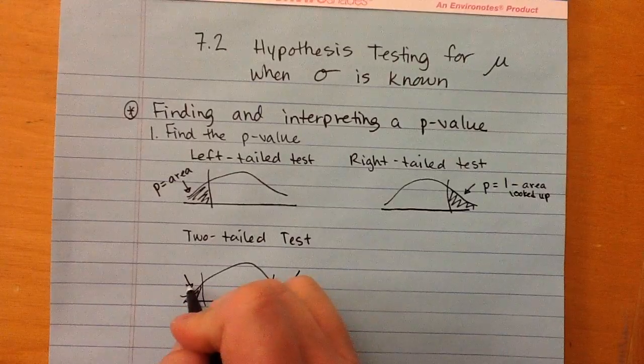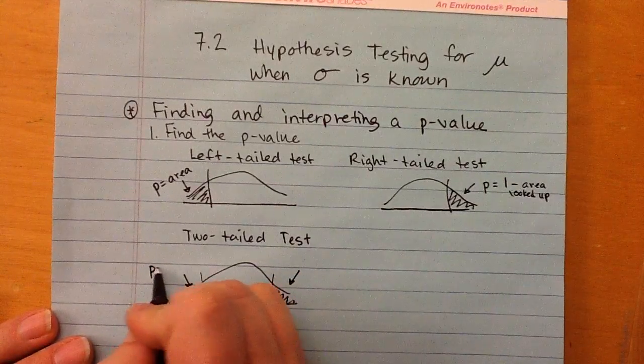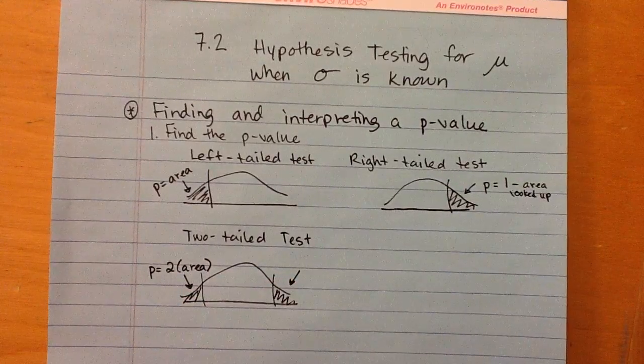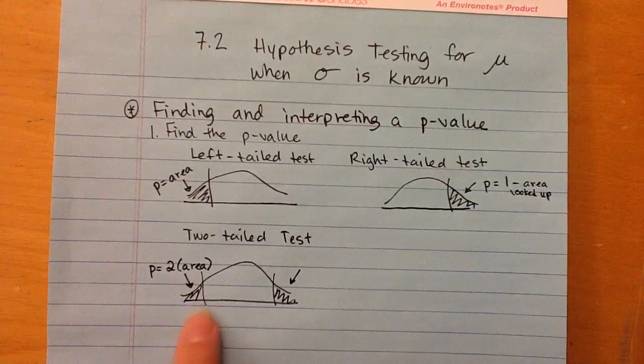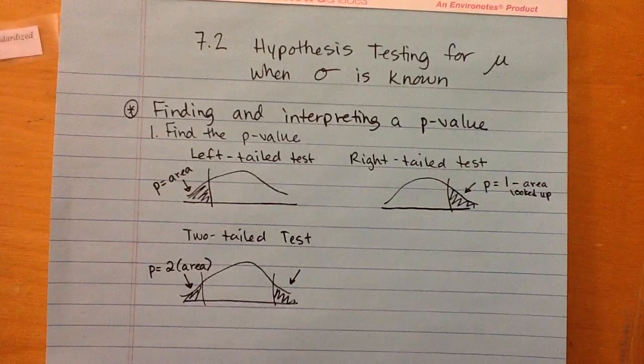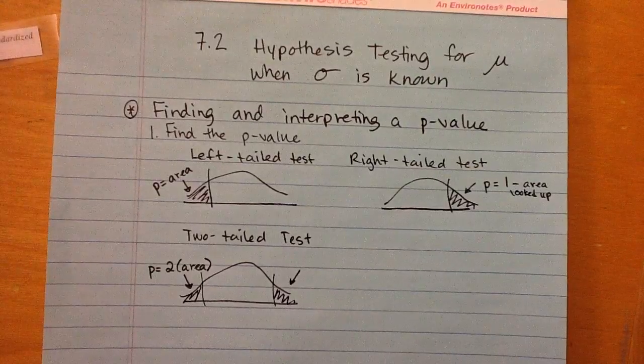And in these two, P is going to be 2 times the area that you look up, because we have two tails. So we're going to look up a z-score, and then we're going to double that area.